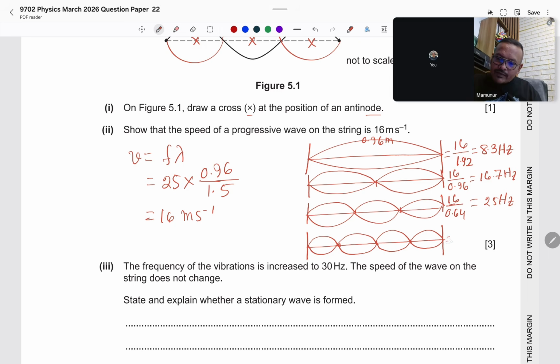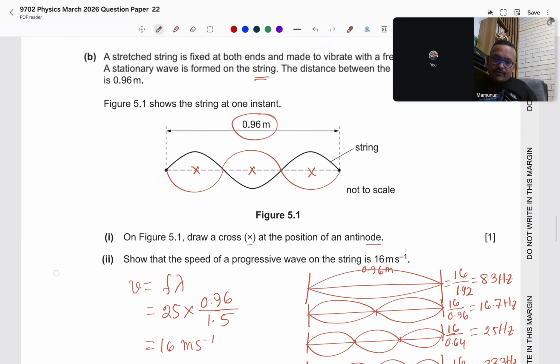And then the last one is 16 divided by the wavelength for 2 waves: 0.96 divided by 2 is 0.48. 16 divided by 0.48 is 33.3 hertz.